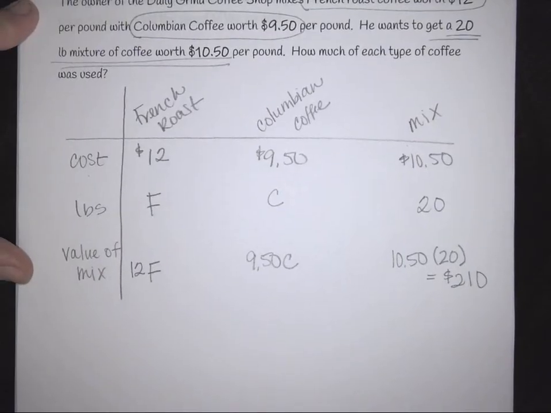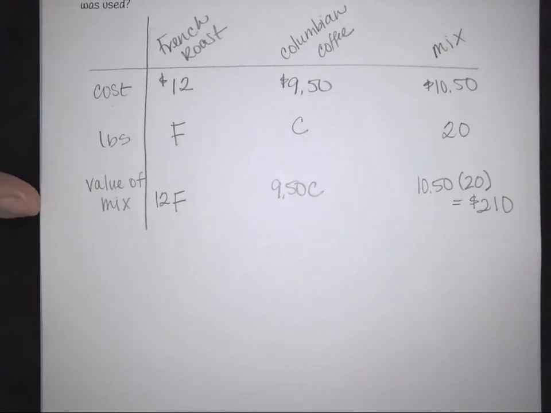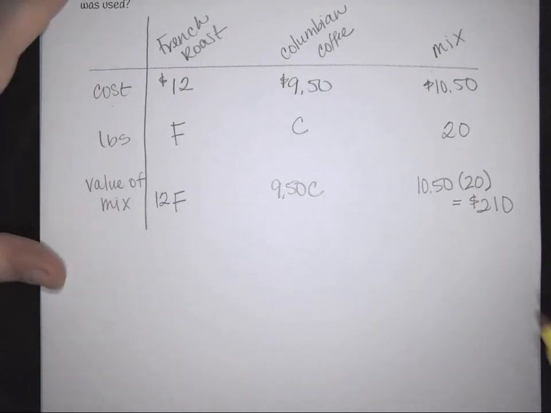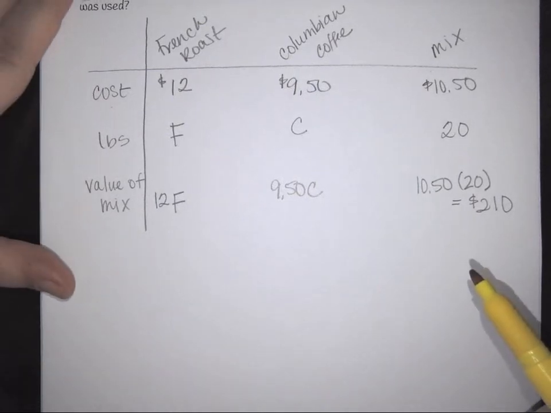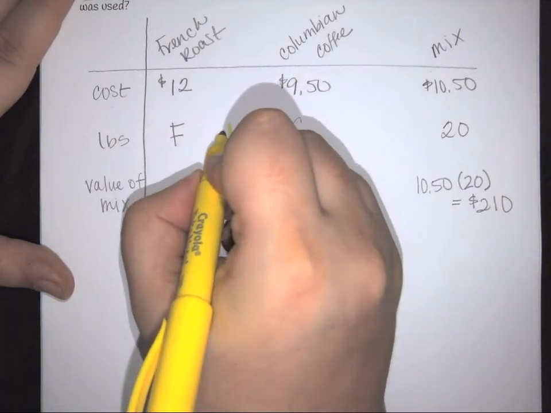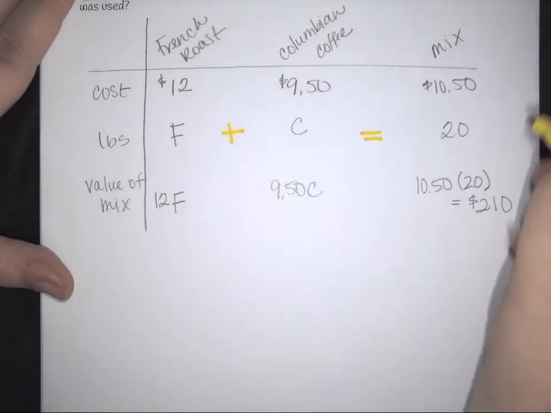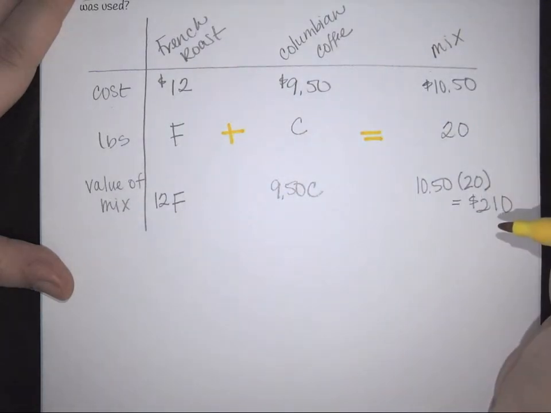Okay. Now, if you pay very close attention and look right here at the table, you can see that we have our two equations, because the amount of pounds of French plus the amount of pounds of Colombian needs to equal the total pounds of my coffee.